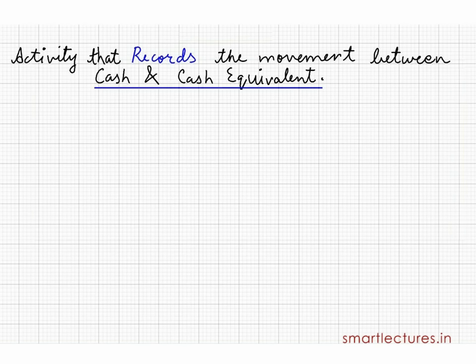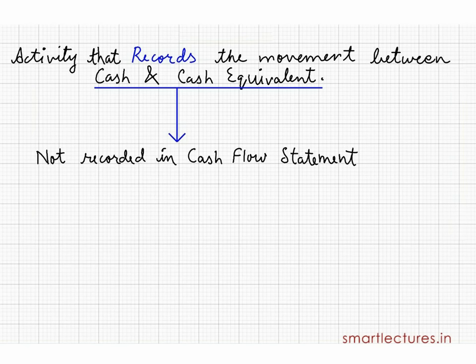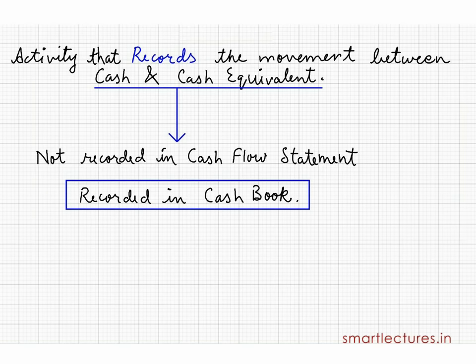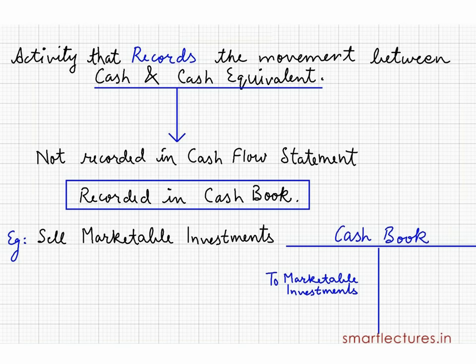One thing more, if there is any activity which records the movement between cash and cash equivalent, that is not recorded anywhere in cash flow statement. However, this thing is recorded in the cash book. If you sell the investments, I mean to say marketable investments, which are also called cash equivalent, you have to record this transaction in your cash book.